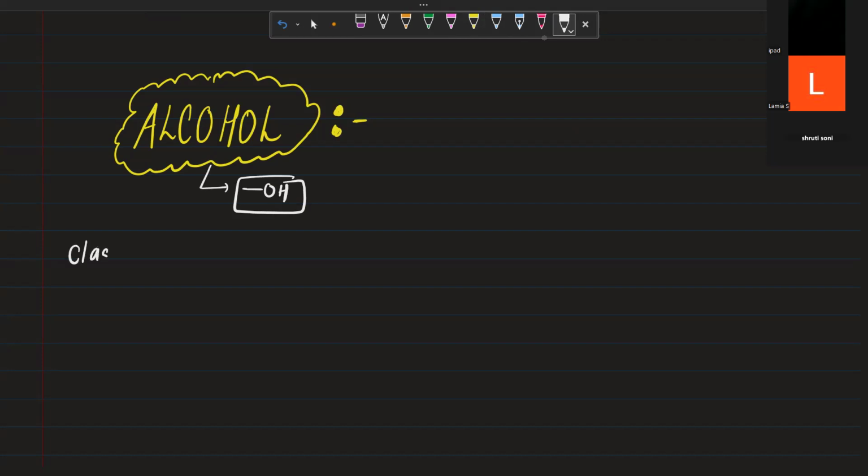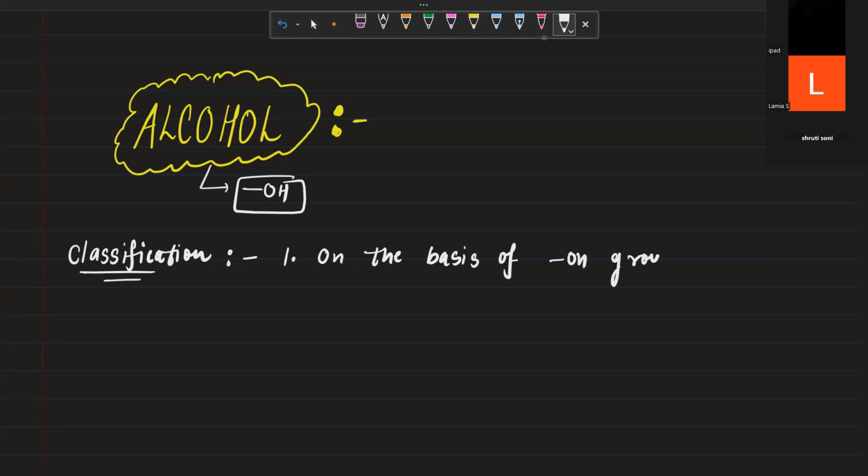Okay. So let's suppose if an atom has one OH group, that is known as monohydric. Suppose I'm having one OH group on a particular element, for example C2H5OH.